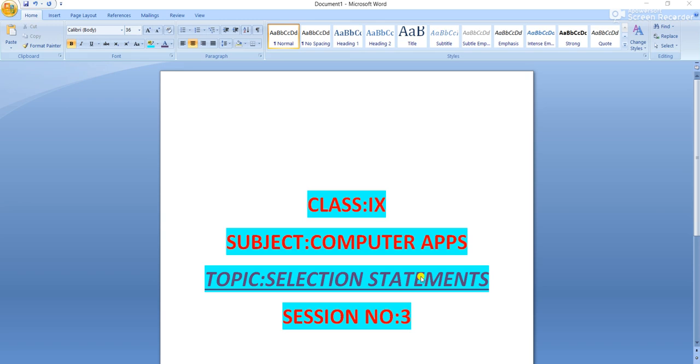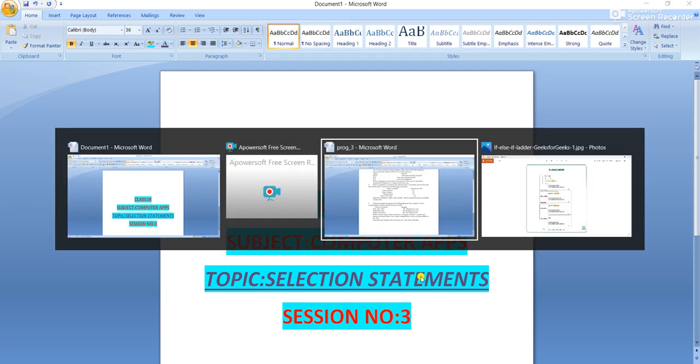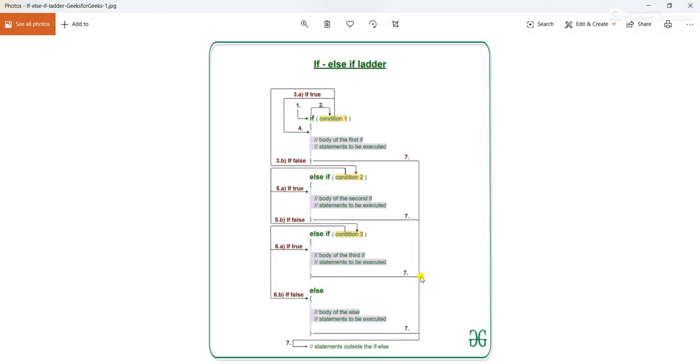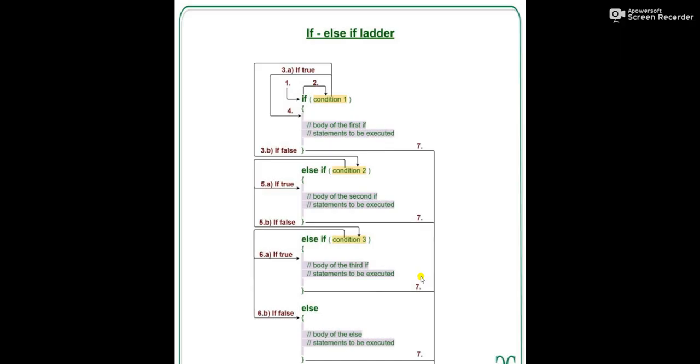Let me revise what is else if ladder, which we already discussed in the second session. So when we observe here the syntax of else if ladder, what is else if ladder? Defining n number of if conditions along with n number of associated statements.